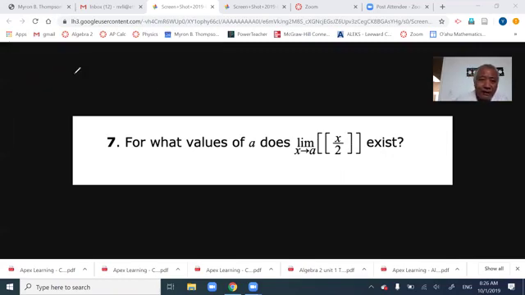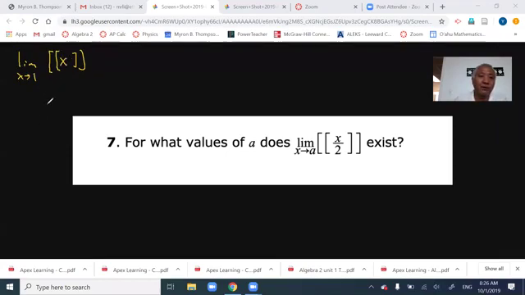For example, take x approaching 1. Let's check what happens with this one. When x approaches 1, to find this limit you need to find the limit as x approaches 1 from the left side, and also the limit as x approaches 1 from the right side.